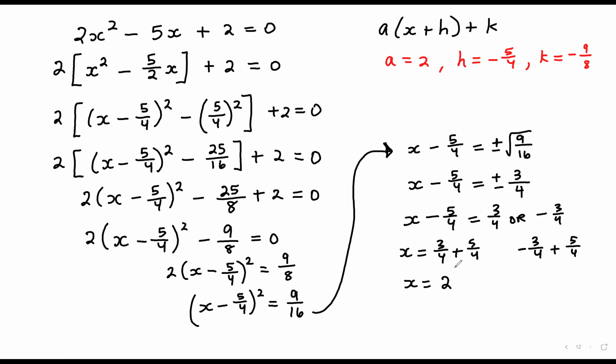X will be 2, or negative 3 over 4 plus 5 over 4 is positive 2 over 4, which is a half. So the solutions of your quadratic there will be 2 or a half.